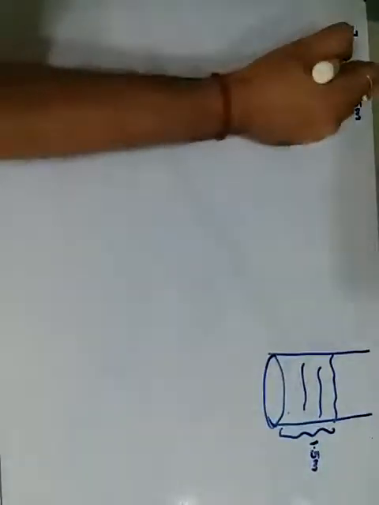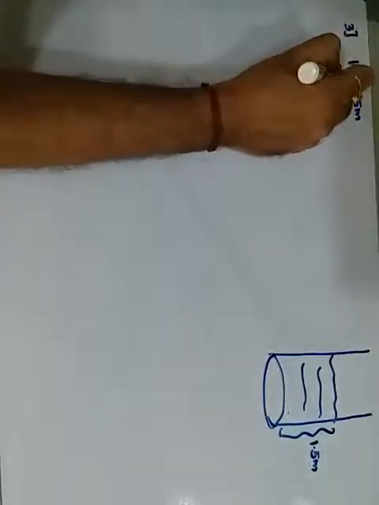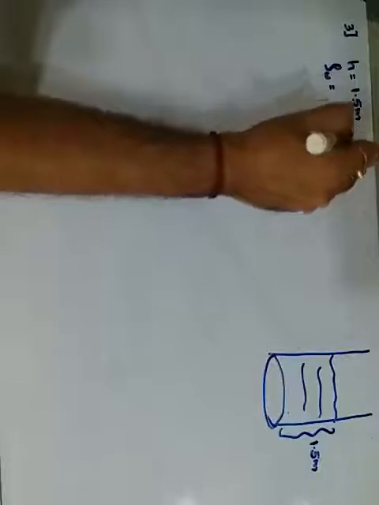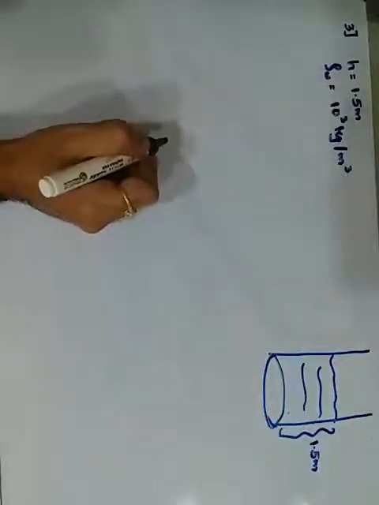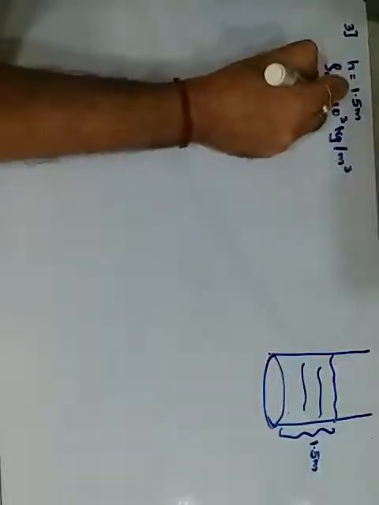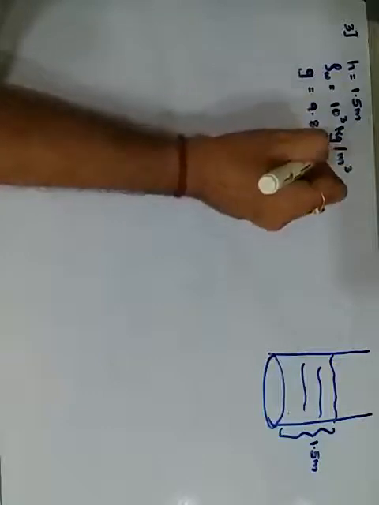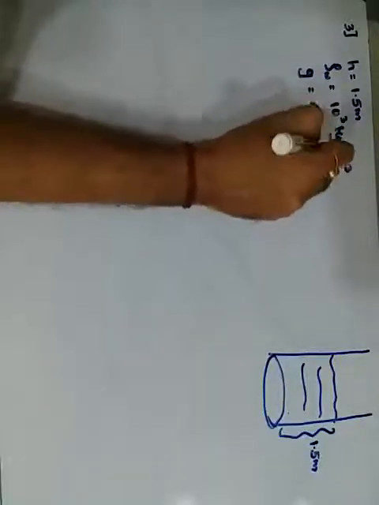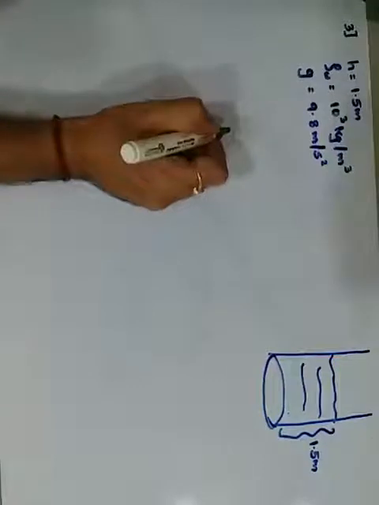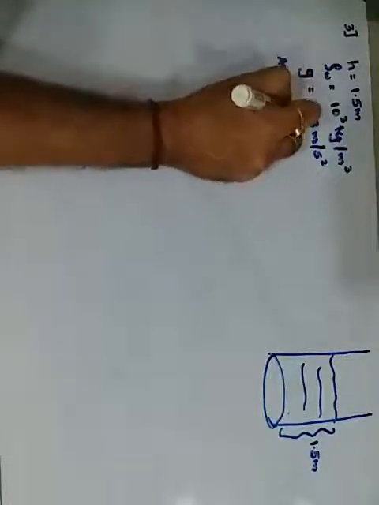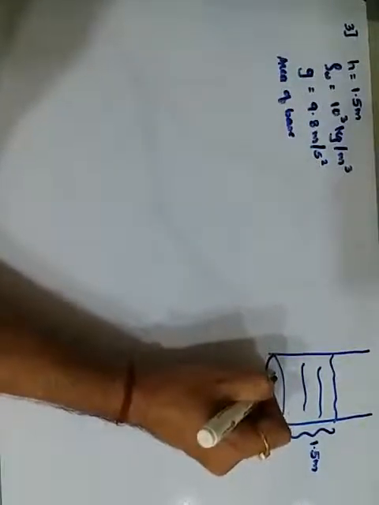Taking the density of water, rho of water, which is already known, 10 raised to 3 kilogram per meter cube, and acceleration due to gravity, the value of g is given as 9.8 meters per second square, and the area of the base of the vessel, this one, is how much?